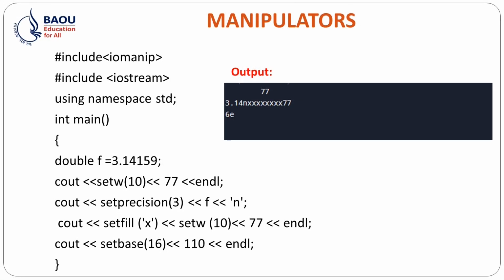Cout setfill x, over here what I am doing is setting x as the fill for 10 digits, and after that 77 will be shown to the user. Cout setbase 16 and then 110 will be there. So what over here is 16 is the base of the value and 6E is equal to 110.